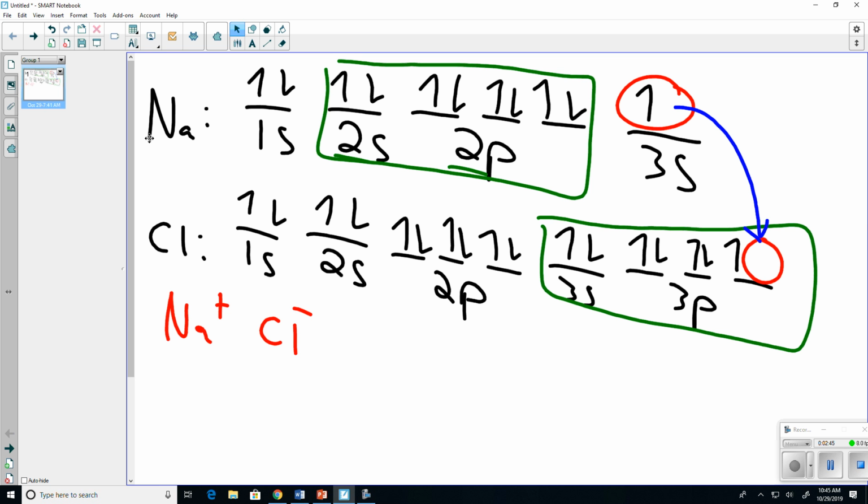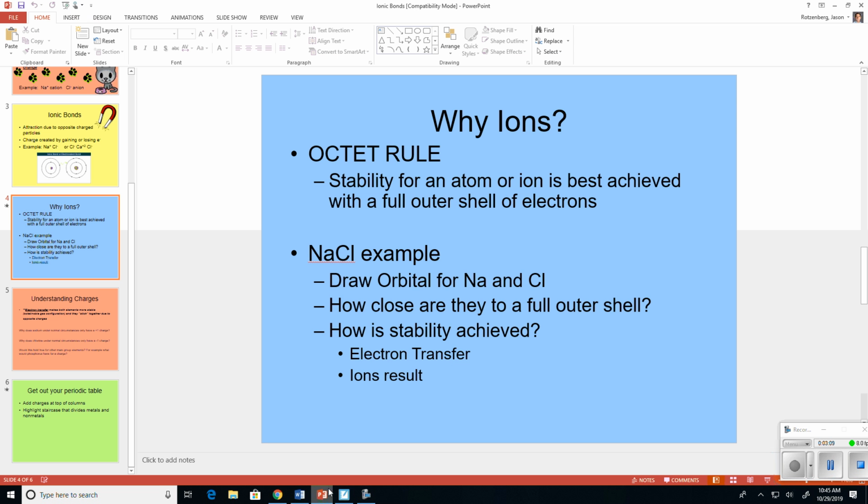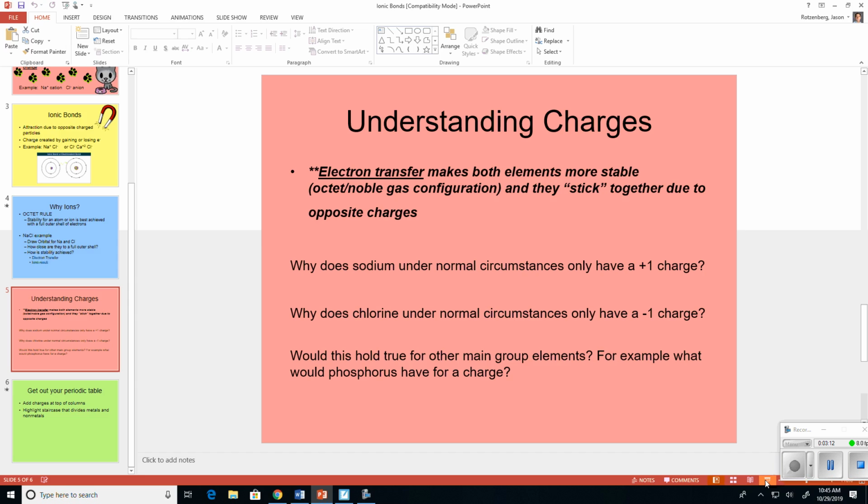Electron transfer makes both elements more stable because they're at the octet. They stick together due to opposite charges. So, if we go back to our slides then, hopefully that reminds you of what we did last class.